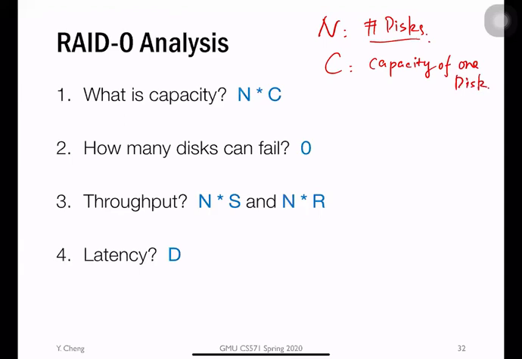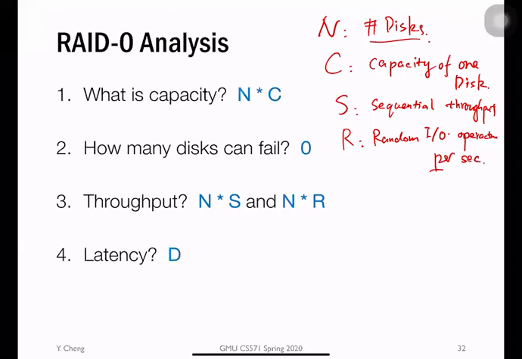In terms of performance, S is the sequential throughput. R is the random throughput, or the total number of I/O operations per second, or IOPS.